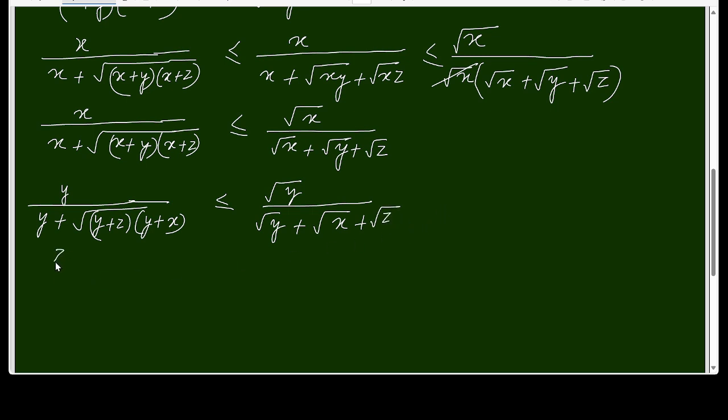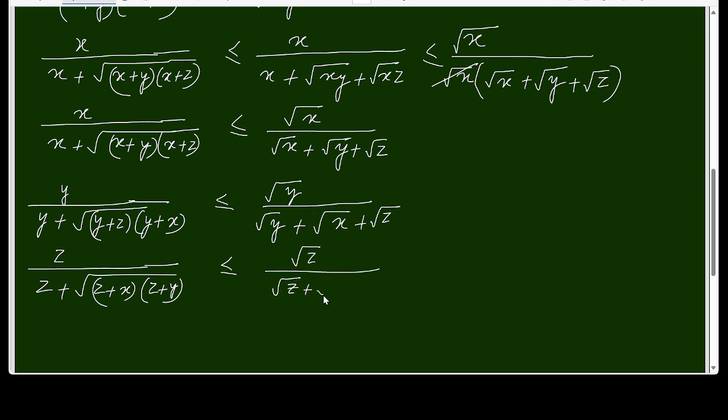And the third one, z over z plus square root of (z plus x)(z plus y) is less than or equal to square root of z over square root of z plus square root of x plus square root of y. Now we will add all the three expressions.